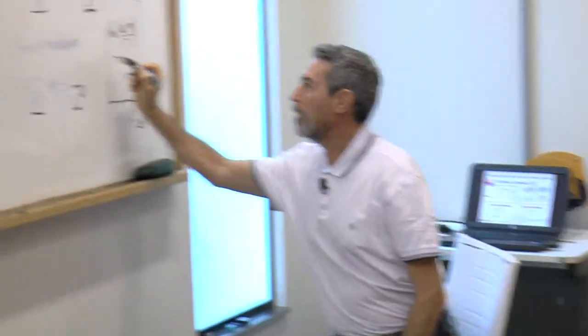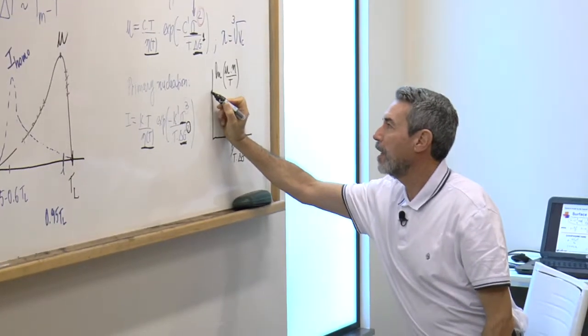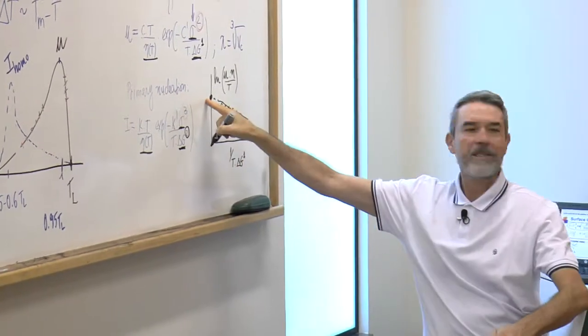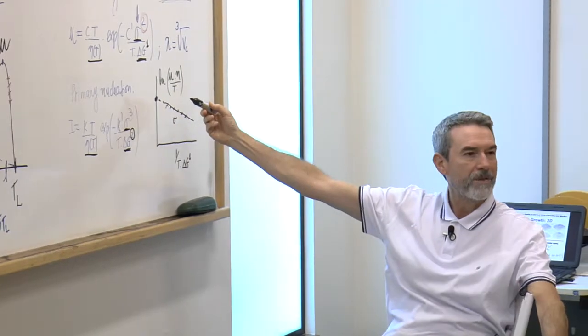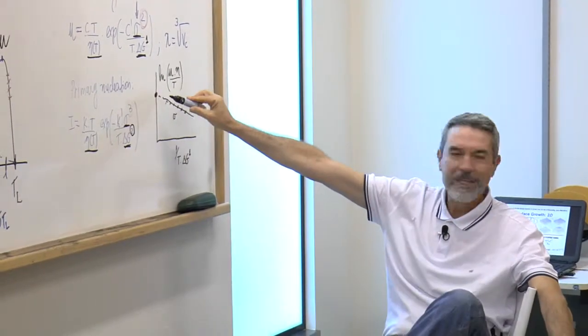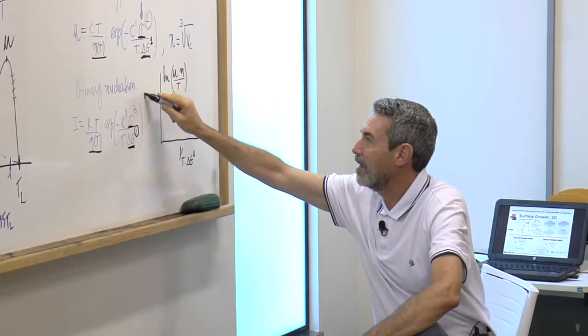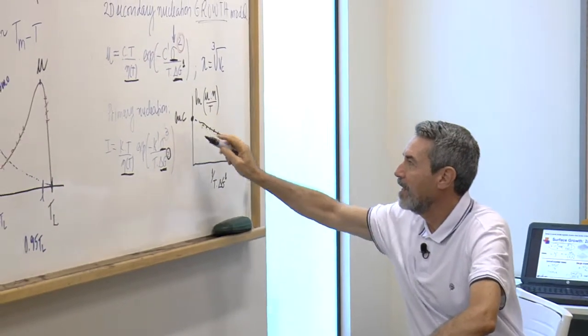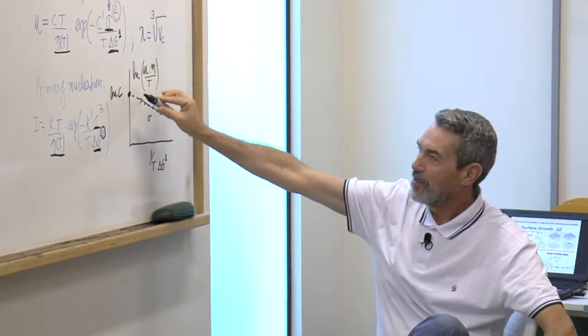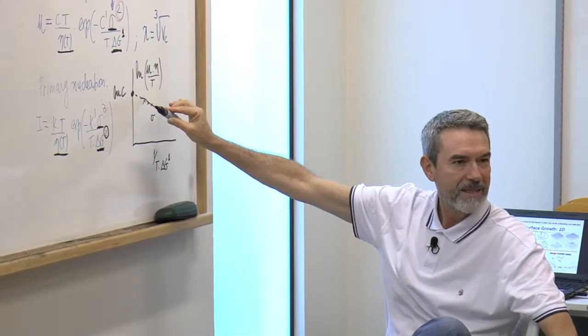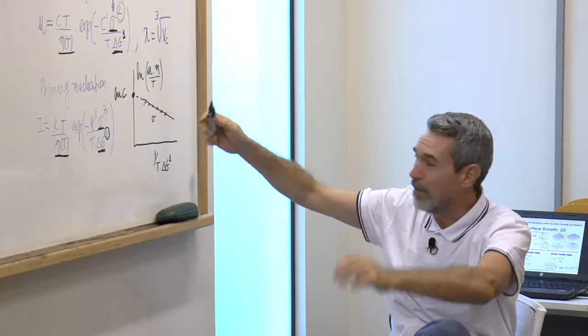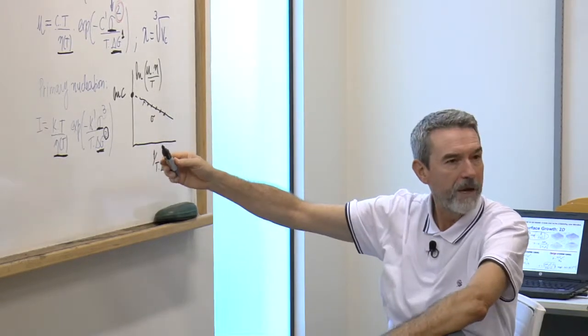But you don't have to bother too much because the whole constant will be here. This is your pre-exponential. The pre-exponential log C, you get it from the straight line, with all these constants and multipliers, like you did for the primary nucleation.